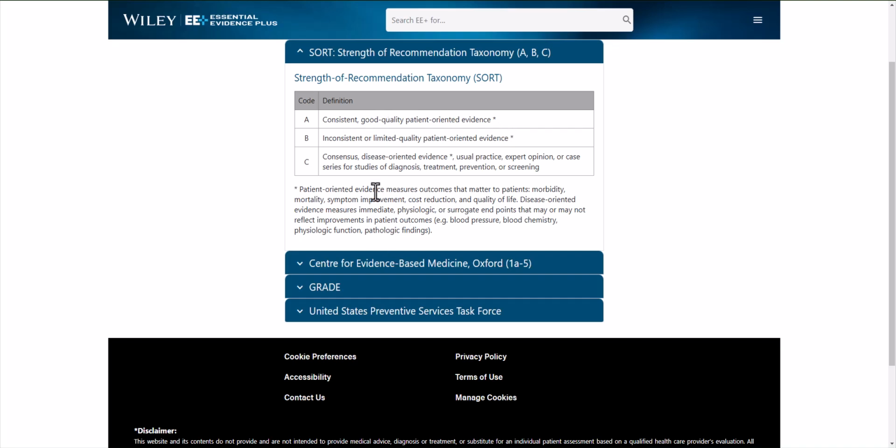And you can read further down here what EEP considers patient-oriented evidence. B is going to be inconsistent or limited, so that's your mid-level. And then C, if you were trying to equate this to the evidence pyramid, is going to be the base of the pyramid. So it's going to be consensus, disease-oriented evidence, maybe usual practice, or stuff like expert opinion.